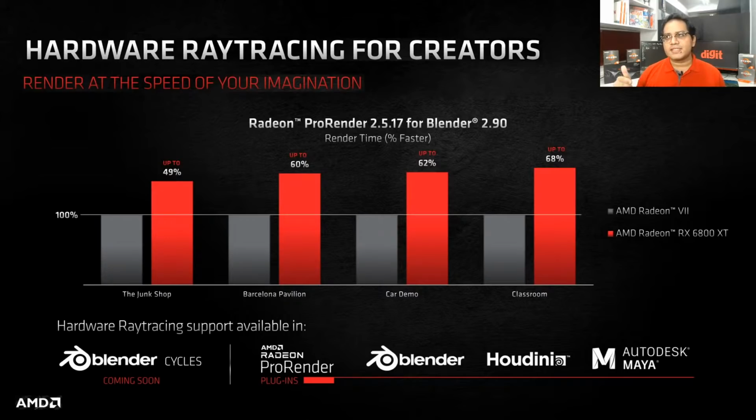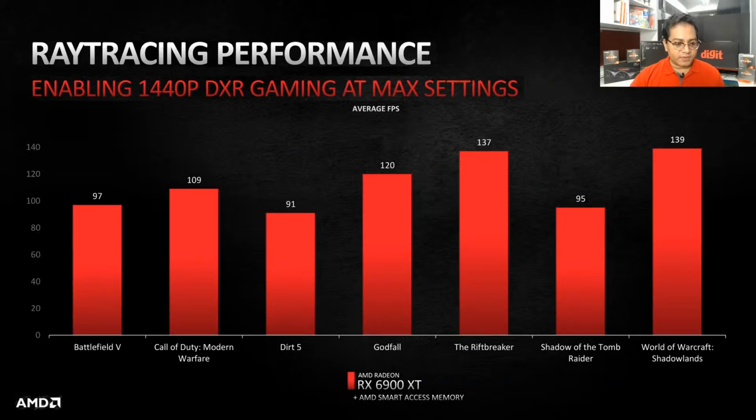And lastly, for the 6900 XT, the price is around 94.5K. How's ray tracing? Okay, I'll bring up the slide for that. Give me a sec. Ray tracing performance. There you go. With the 6900 XT running on 1440p in DXR games.